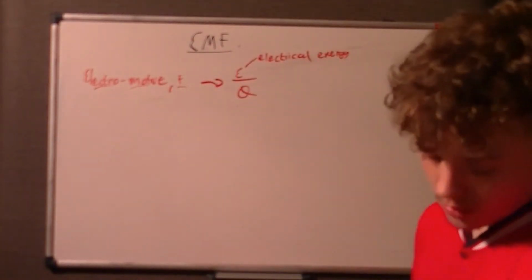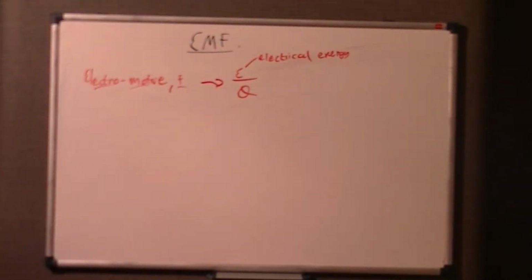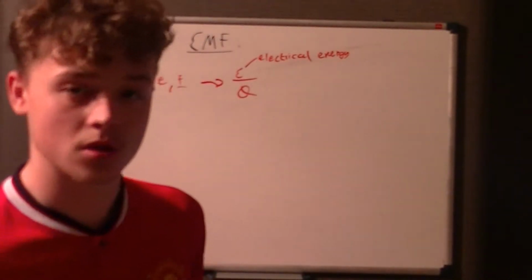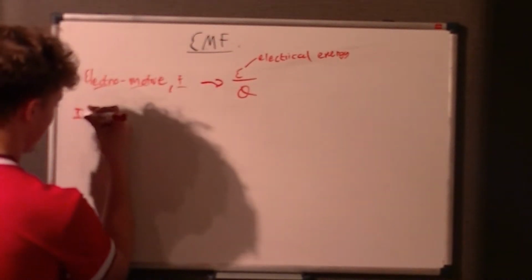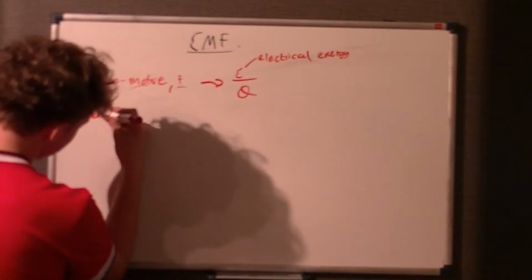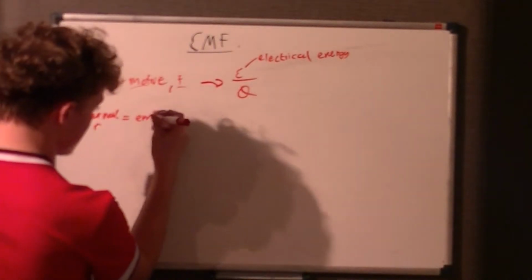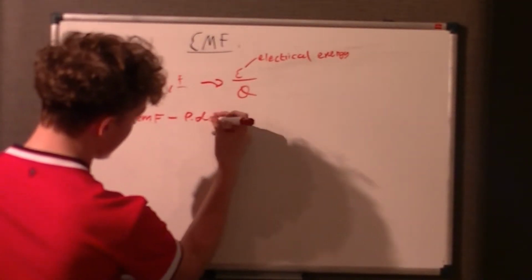Now, it's all very well and good saying, yes, electromotive, that sounds intelligent. So, how can we link this into our other topic of internal resistance? Well, let's put internal r equals EMF, take PD across terminals.